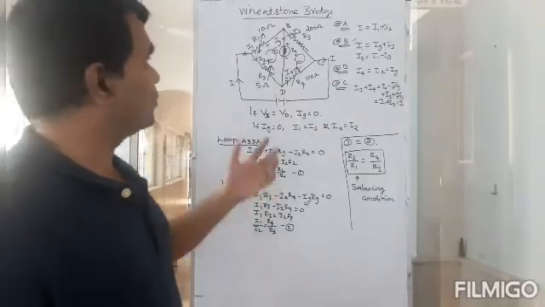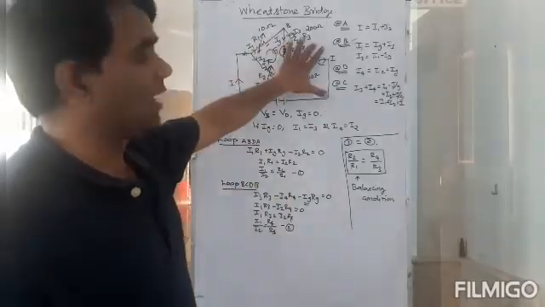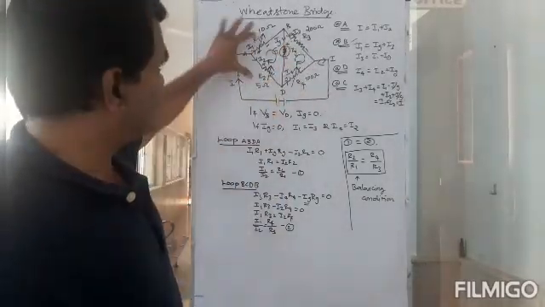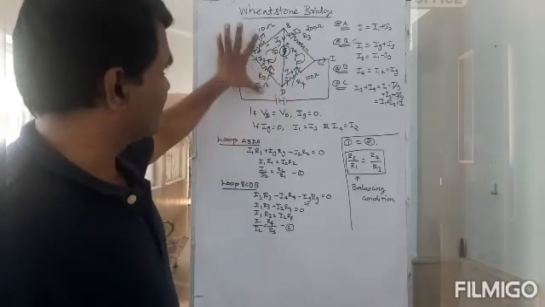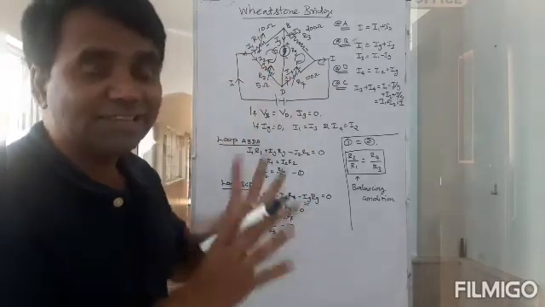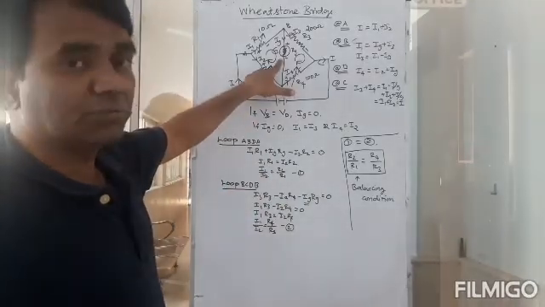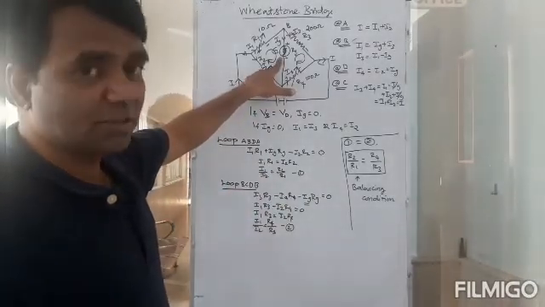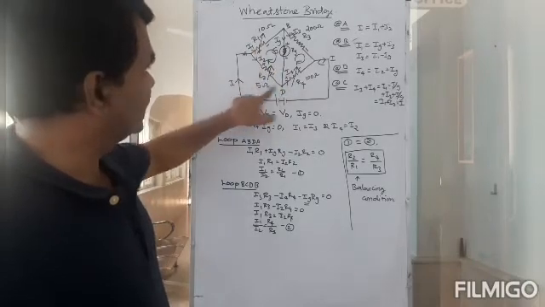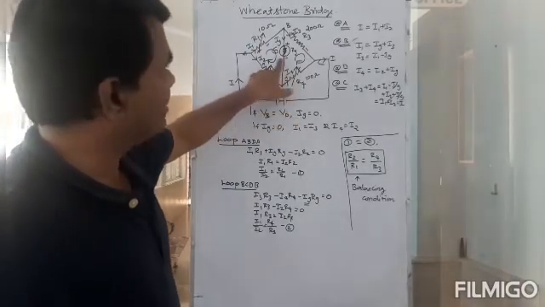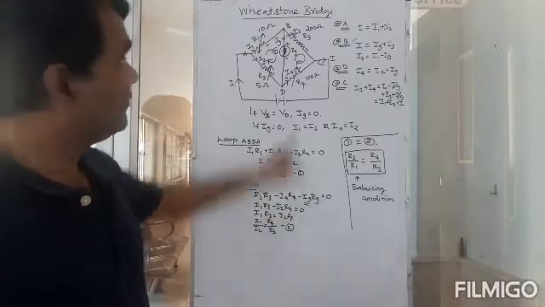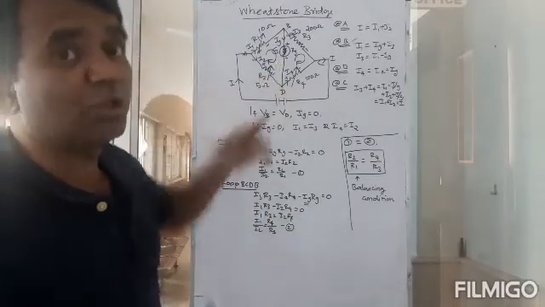Now what will I do? I don't know this value. But I'm going to change all the other resistors, R1, R2 and R4, in such a way that no current flows through this. That is, Ig must be 0. If no current flows through this galvanometer, what do I know?